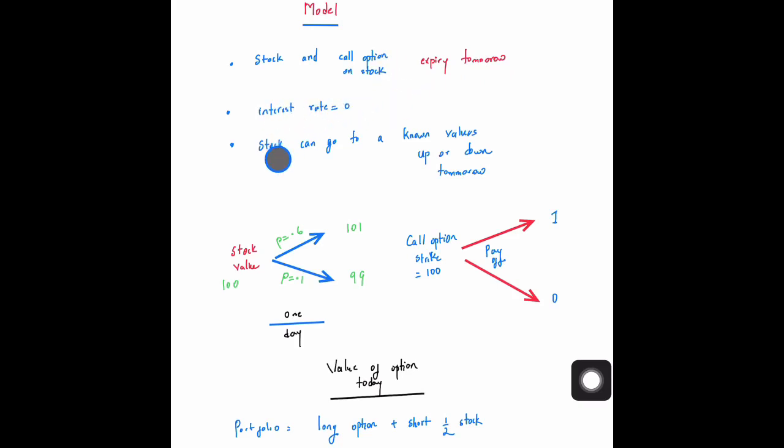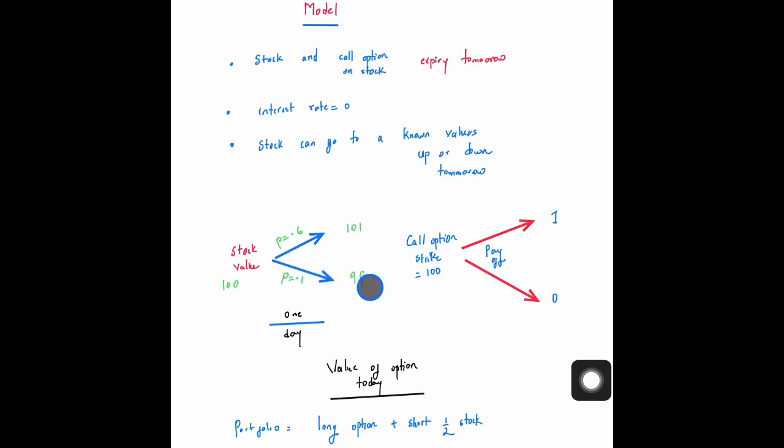Now the thing about this model, as I have said before, is that the stock can go to known values up or down tomorrow. I've just copied this from the book, so that you don't get confused when going from the book to what I'm doing here. Let us say the stock value is 100 rupees today, and there is a probability of 0.6 it will go to 101, and a probability of 0.4 it will decrease to 99.